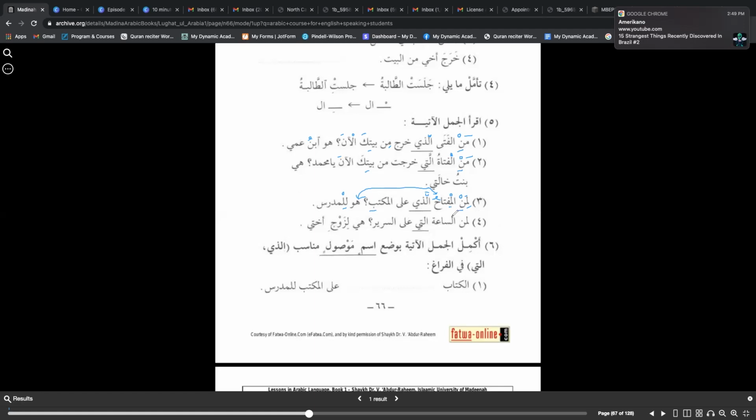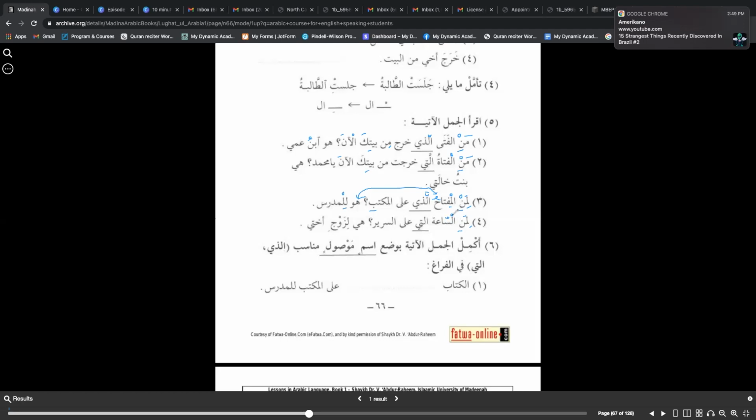Okay, liman. And once again, right after the noon, what do you have? You have this alif lam again. So it's li. The lam has a kasra, the mim has a fatha, and the noon gets a kasra. The alif becomes hamza tawassul, and the noon merges directly to the lam. Liman, well, actually, sin is a sun letter, so the noon merges directly to the sin.